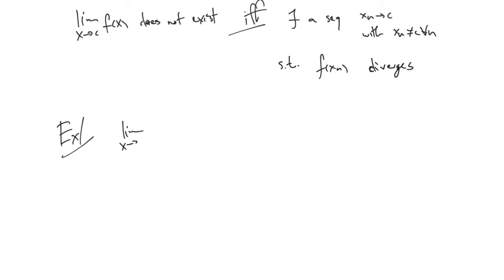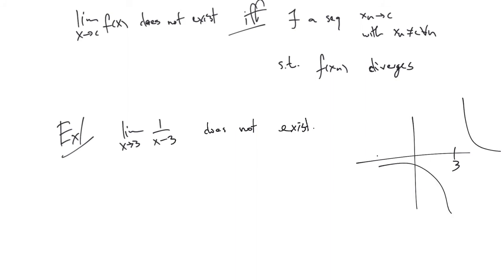The limit as x goes to 3 of 1 over x minus 3 does not exist. I hope you all agree, right? 1 over x minus 3 would look something like this. That's what the graph of that would look like.